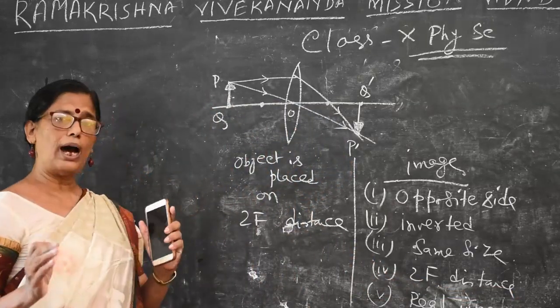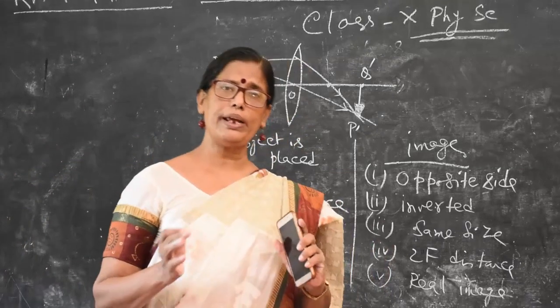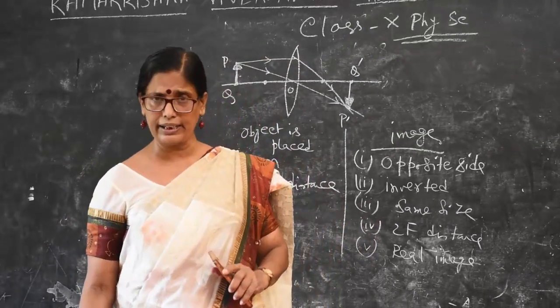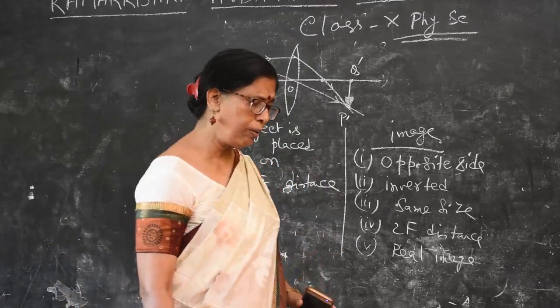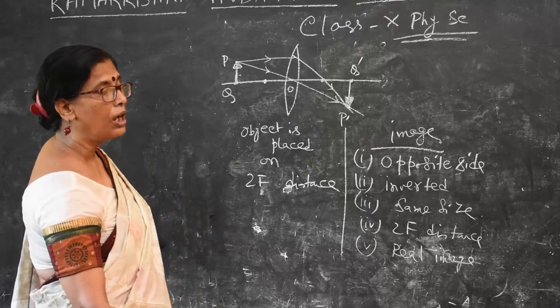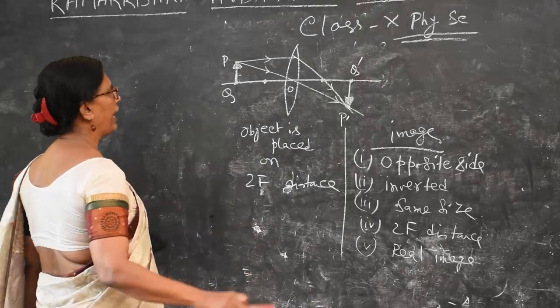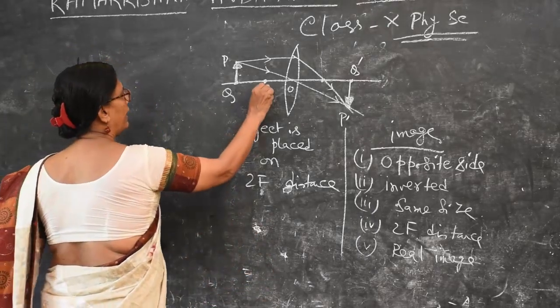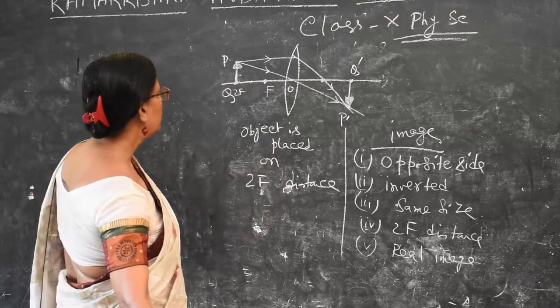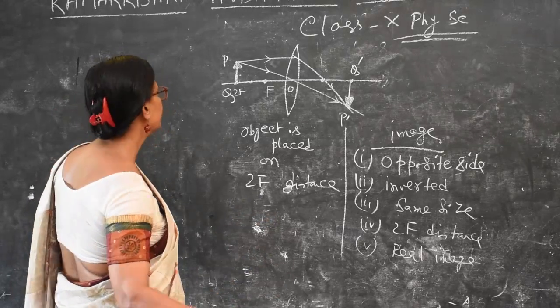Now, if the position of PQ is a little different, obviously the image position is different, and its character is different. So we can do it this way. Within this length, we put PQ in between F and 2F. Say this is F, this is 2F.